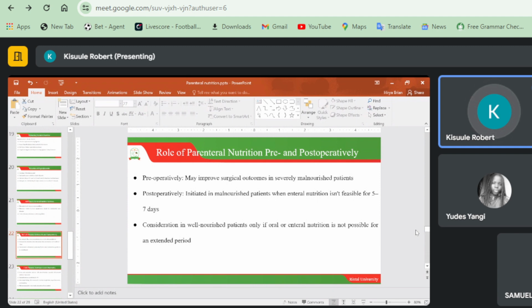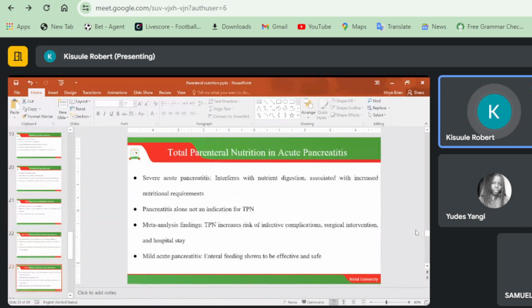Then post-operative, it is initiated in malnourished patients when enteral nutrition isn't feasible for the first 5 to 7 days. Okay, and consideration in well-nourished patients if oral and enteral nutrition is not possible for an extended period, like we had said.